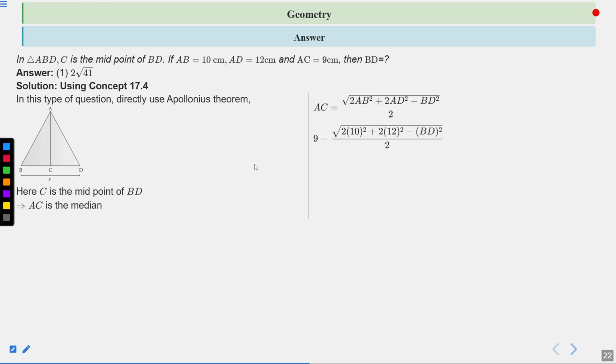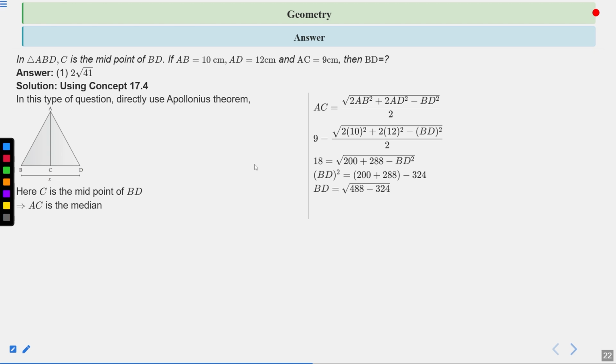So we can compare it: under root of 2 into 10 square plus 2 into 12 square minus BD square, by 2. When we simplify it, we get 18 equals under root 200 plus 288 minus BD square. When we square both sides, we get BD square equals 200 plus 288 minus 324.